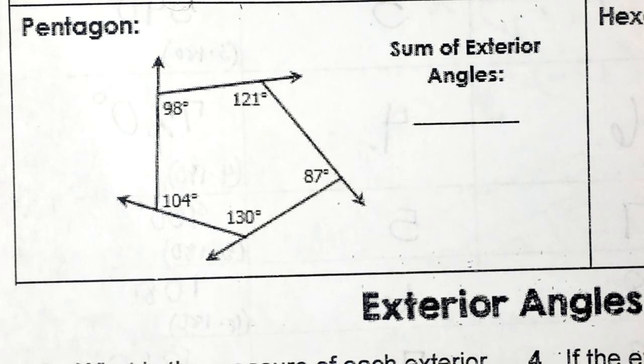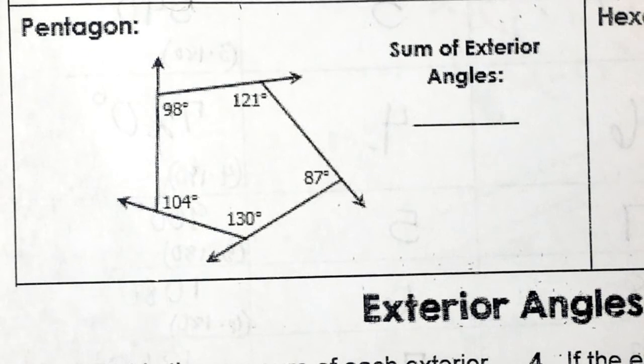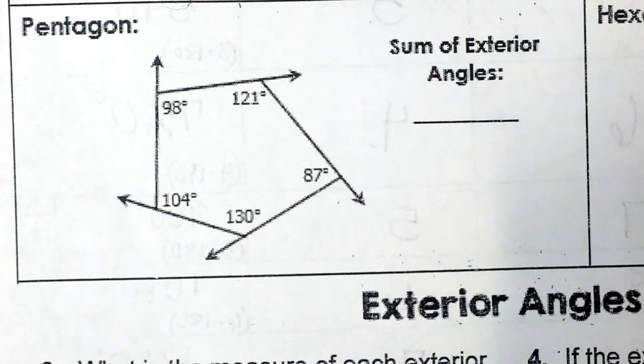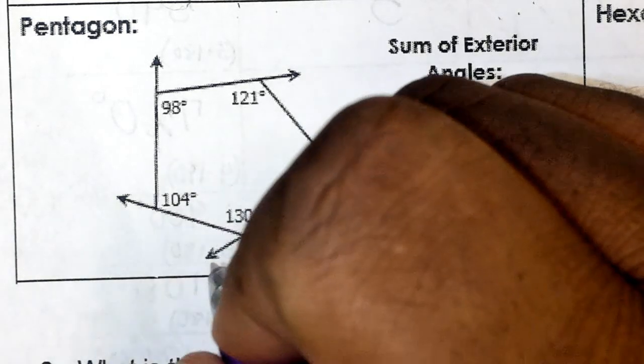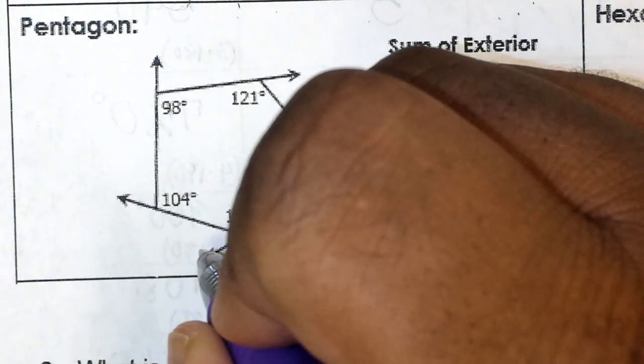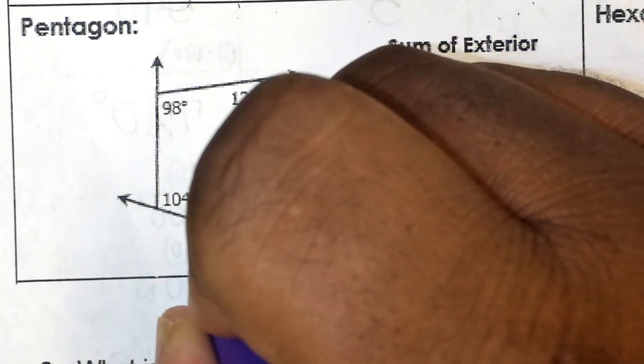Pentagon next. Where's my purple one at? Oh, there he is. We got 130, so that's 50.